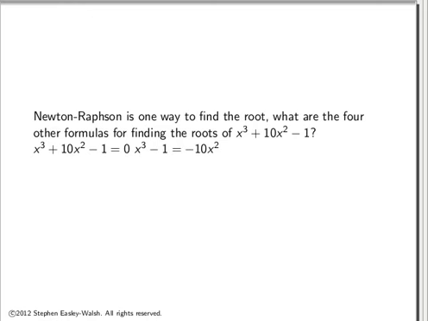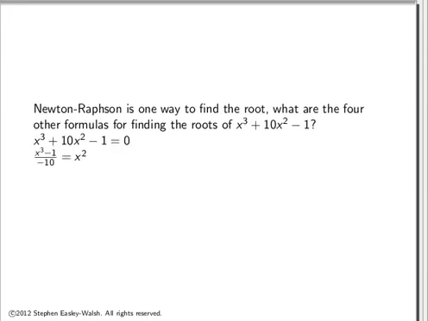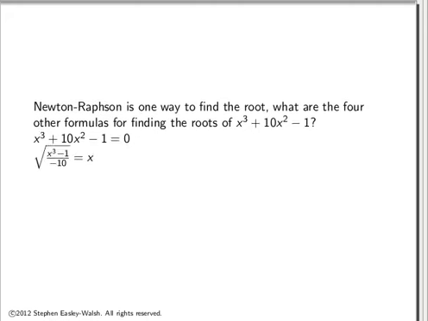Well, you could then divide by minus 10. So you get this result. And then what could you do next? Square root it. And now I've changed my root problem into a fixed point problem.